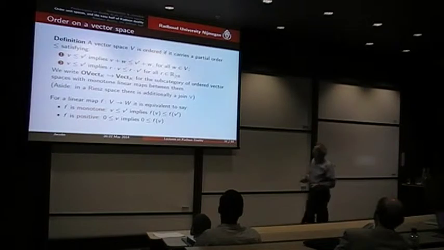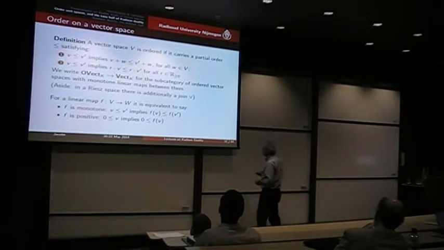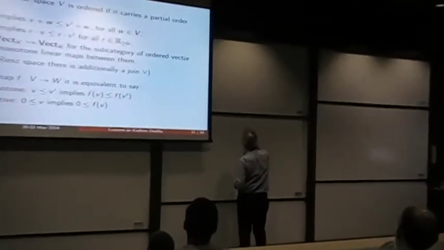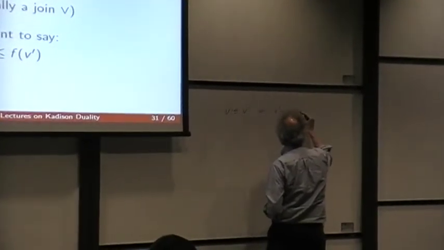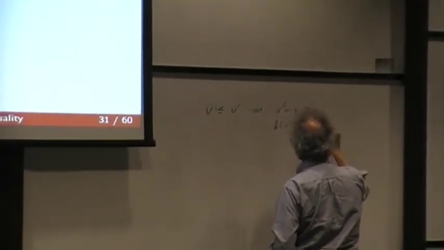It's clear that a function which is monotone is also positive, and positivity also implies monotone, because if v is less than v prime, this means that v prime minus v is bigger than 0, so f v prime minus f v is bigger than 0.